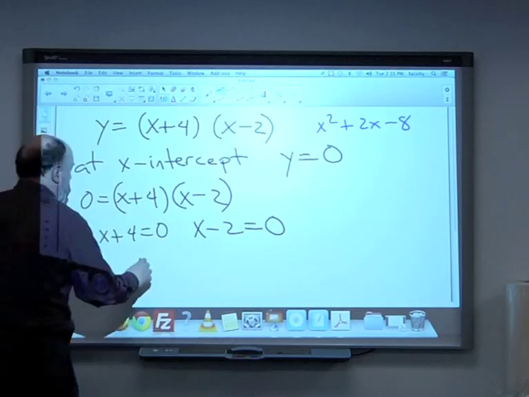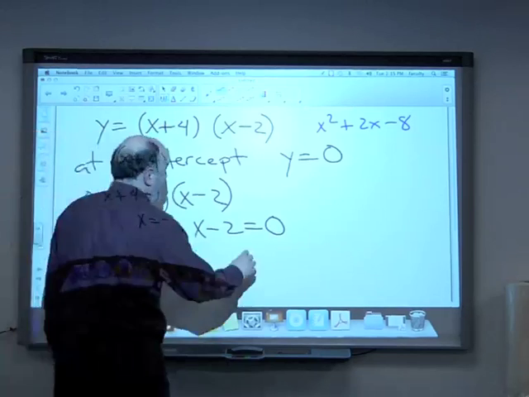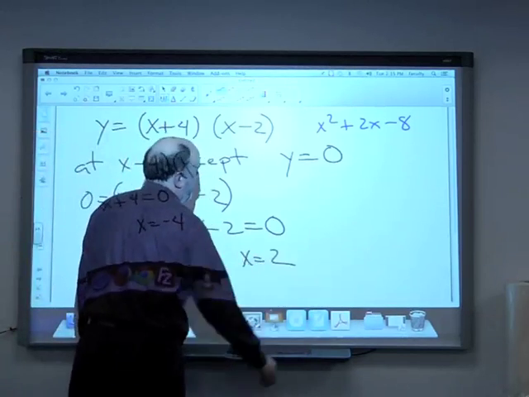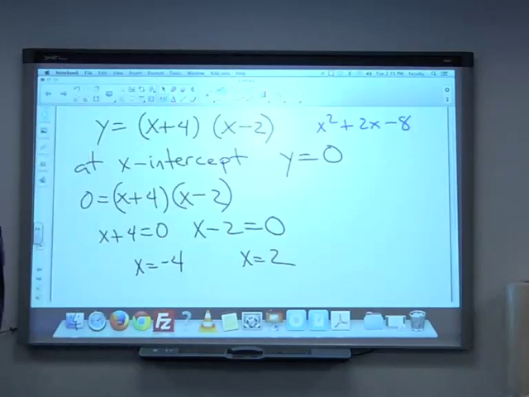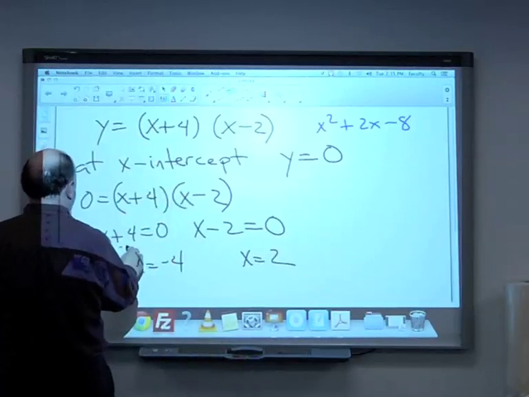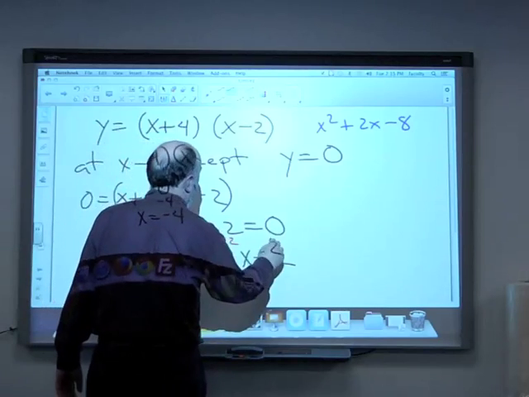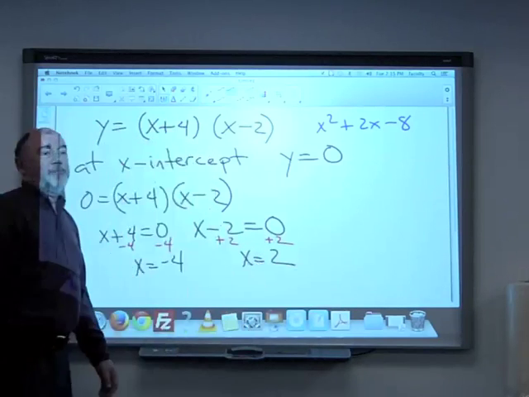This one gives x equals minus 4, and this one gives x equals 2. Everybody's fine with that? Yep, solving for x. So by putting in the little steps, it'll be minus 4, minus 4, and this will be plus 2.